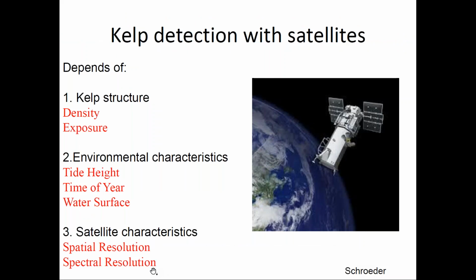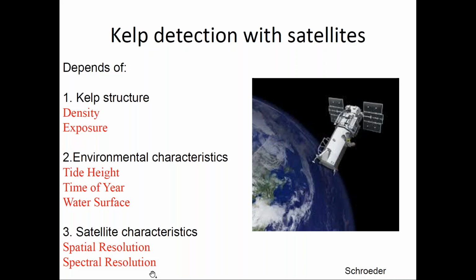And the other component, which I'm going to be focusing on in this talk, is about detection of bull kelp with satellites. For this component, what I would like to highlight, which both Tom and Merritt mentioned already, is that there are several variables that play a role in the ability of using satellites to detect kelp. I summarize some of the most important ones for bull kelp.